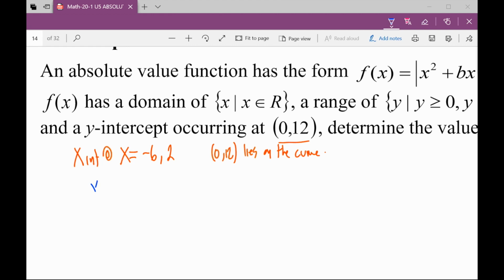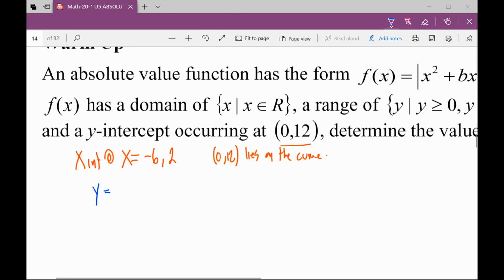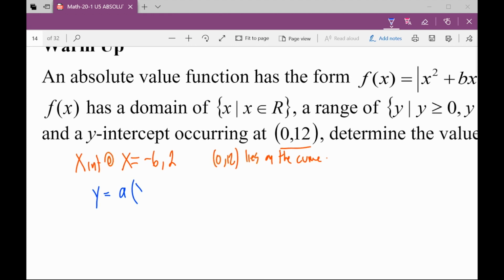We know a couple of things that will allow us to start building the formula for the quadratic. Y is going to be equal to a times, and then if we have the intercepts and we have the zeros, we can start building an equation that looks like this. And yep, we're taking the absolute value of that.